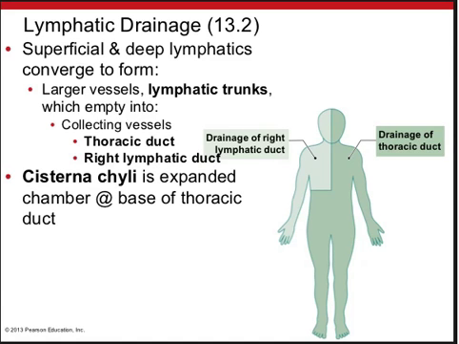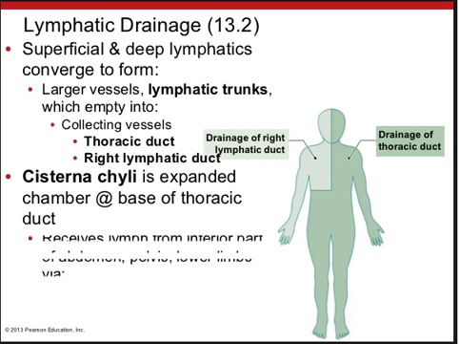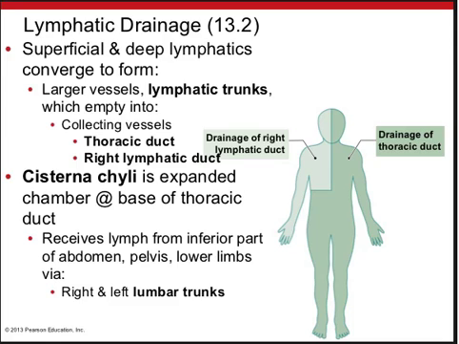The cisterna chyli is an expanded chamber at the base of the thoracic duct and receives lymph from the inferior part of the abdomen, the pelvis, and the lower limbs through the right and left lumbar trunks and the intestinal trunk. And so you can see that lymphatic drainage is not equally distributed, right?